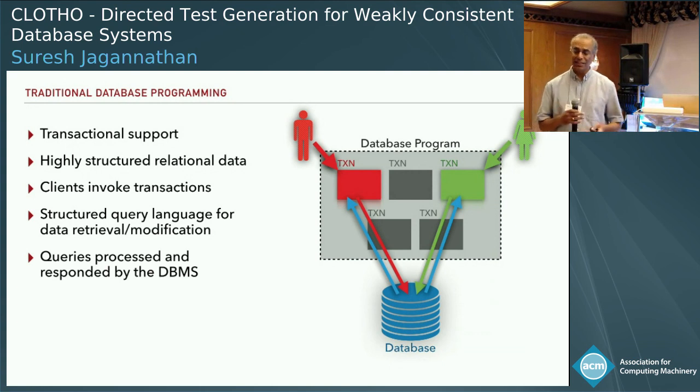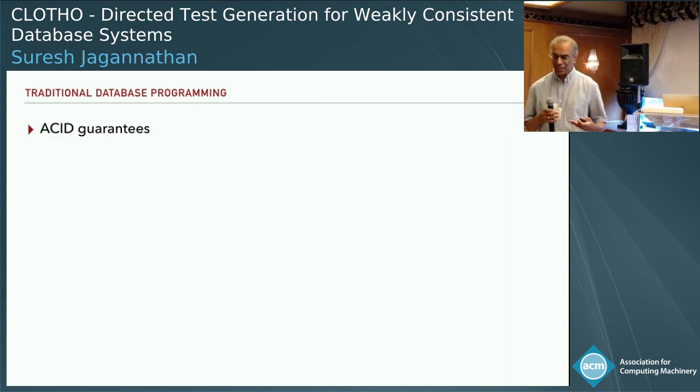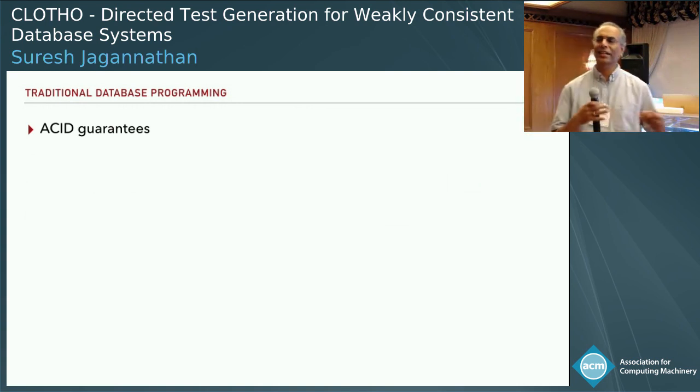Now, in fact, as many of you know, there's already a well-understood methodology and a well-understood set of reasoning principles for database systems that have been explored over many, many decades. And that's euphemistically referred to as the ACID guarantees that we expect database transactions to provide.